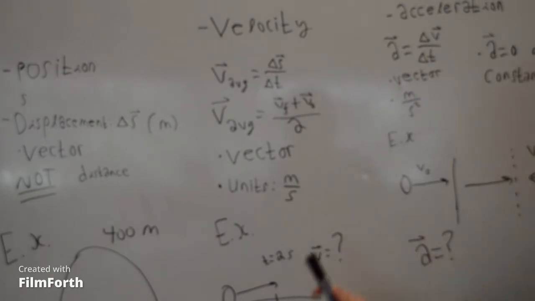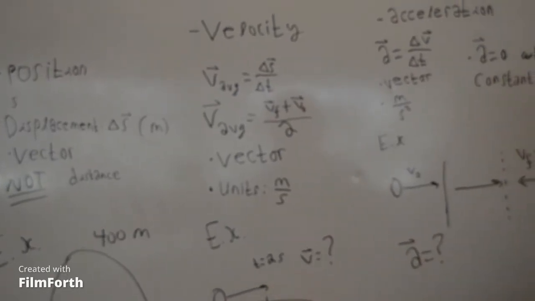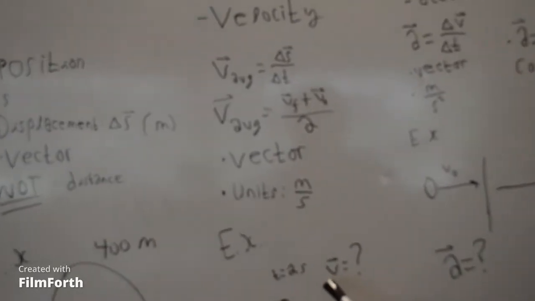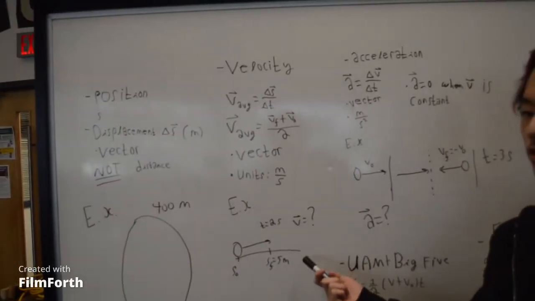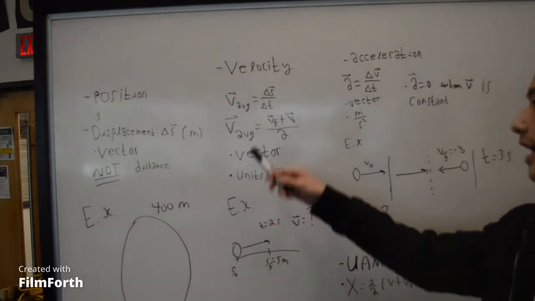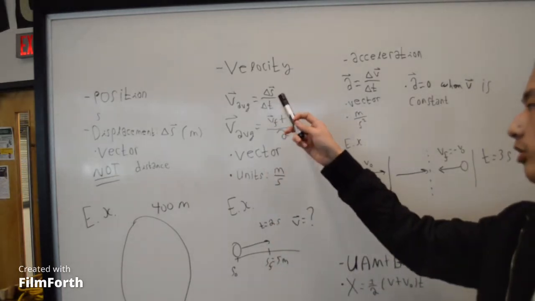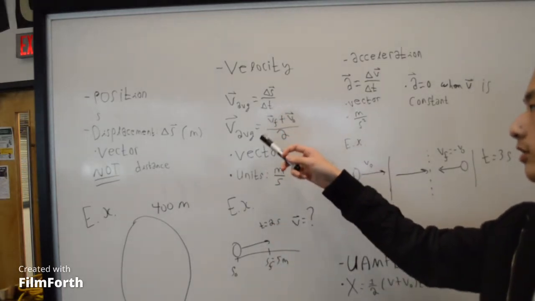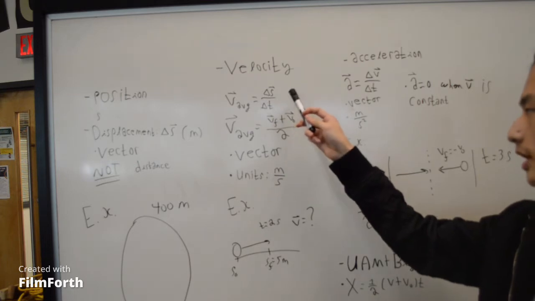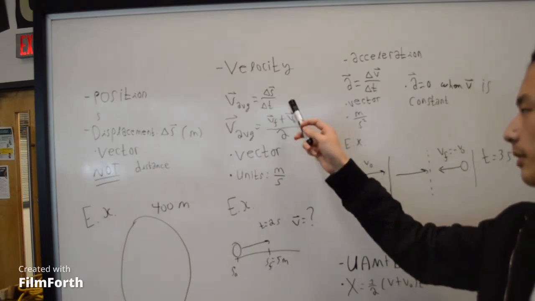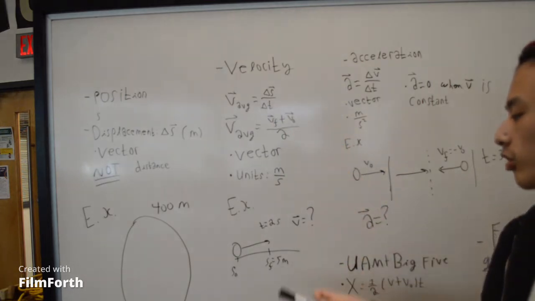So let's do an example. Suppose a ball travels 5 meters in a time span of 2 seconds. What is its average velocity? Recall that average velocity is change in spatial position over change in time. So spatial position final minus spatial position initial, divided by time final minus time initial.